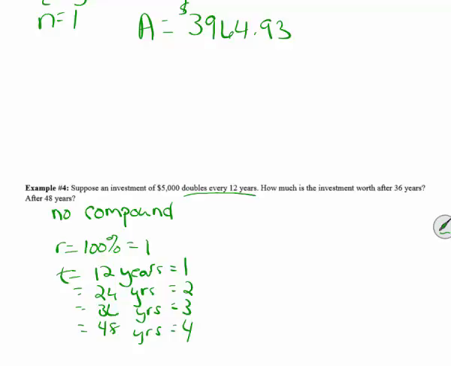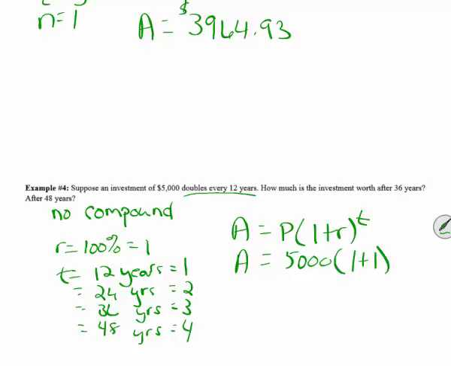So this is our regular formula where we have A equals P times 1 plus R to the T. We're putting in 5,000, 1 plus 1, and for the 36, that's 3 time units. So that would be, right, I'm going to write this one out, 5,000 times 2 to the third. So after 36 years, it's going to be $40,000.